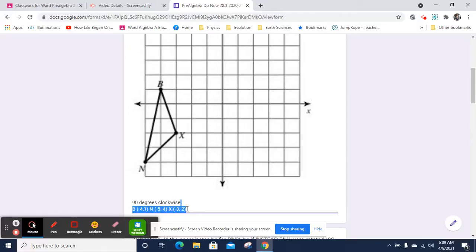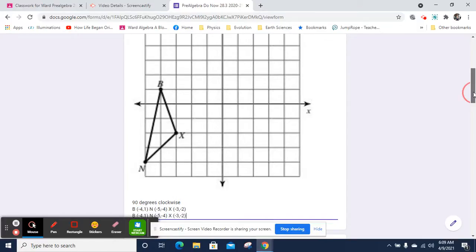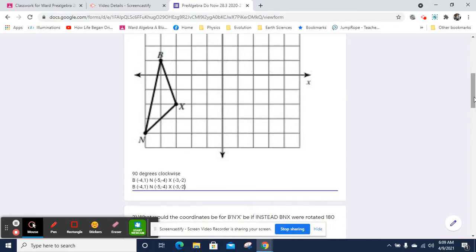Okay, so like that. Scroll down a little bit so you can see better what I'm doing. So I'm going to take b prime. B prime is going to switch to 1, 4. Okay, and now you see right here I've got two negatives. I'm going to switch the positions.